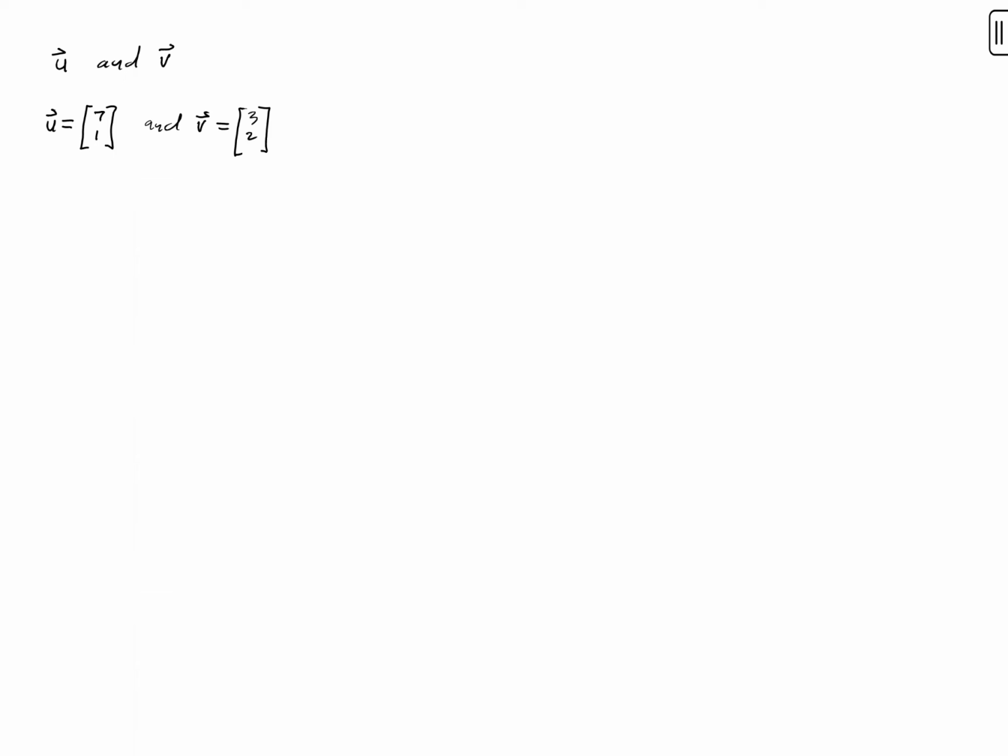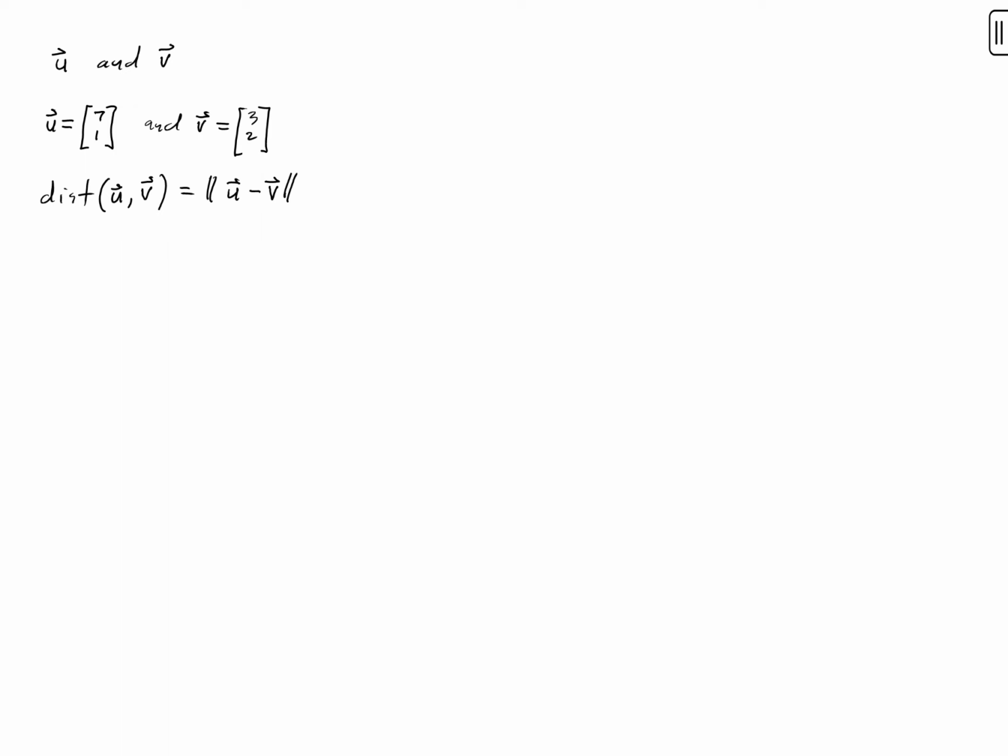If I want to find the distance between u and v, I can think about the subtraction, u minus v, and that's a vector that goes from one to the other, that is the difference. And if I look at the length of that, the length of the difference is going to be the distance. Let's see that in practice.